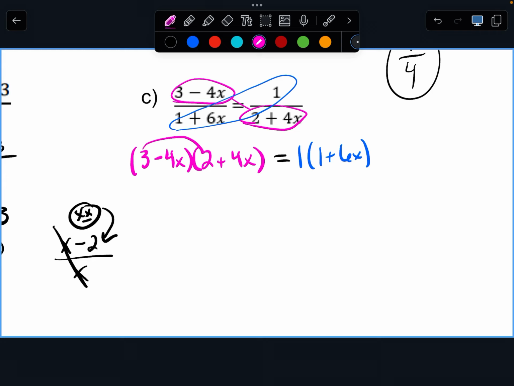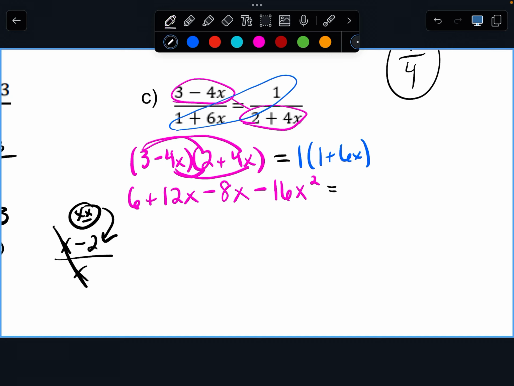Okay, so you're going to distribute, so you get 6, and then you're going to go 3 times 4 is 12x minus 8x. Yeah, negative, and then 4 times 4 is 16, x times x is x squared.